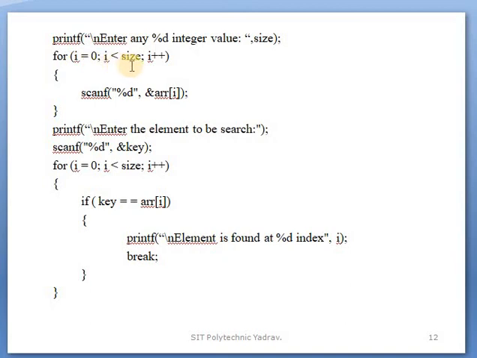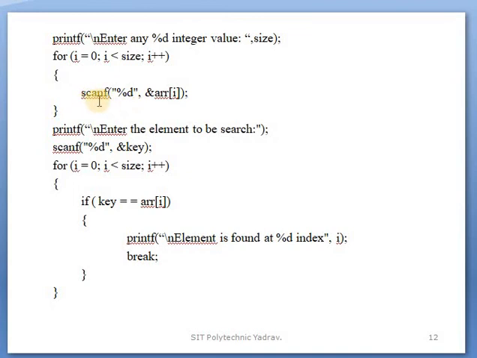Why do we assign 0? Because arrays start at position 0. Next, i less than size means comparing up to the last position, up to the value of the size variable. And i plus plus means incrementing the index or position in the array. Next, scanf.